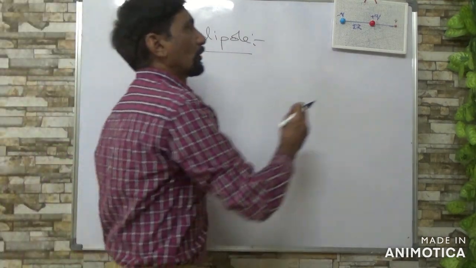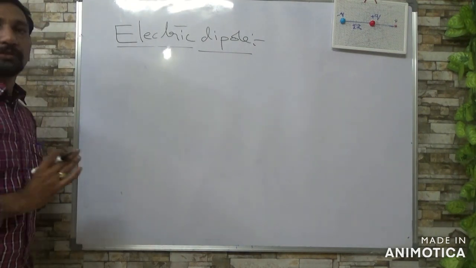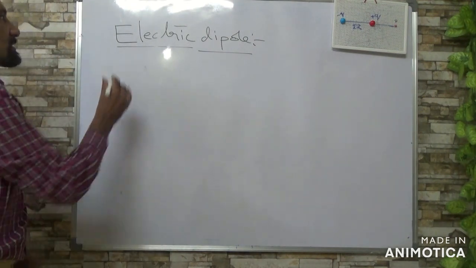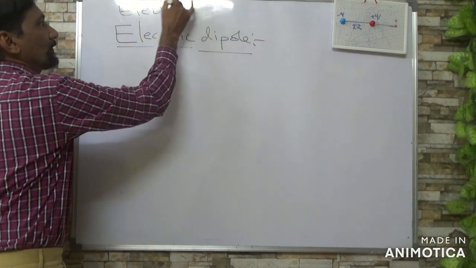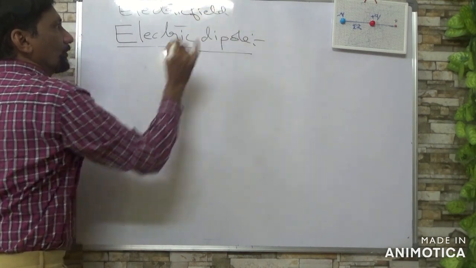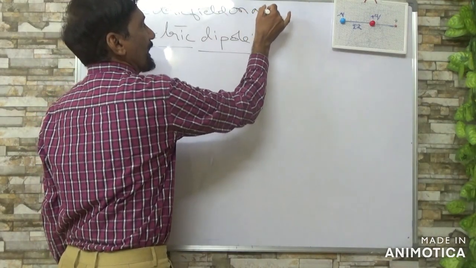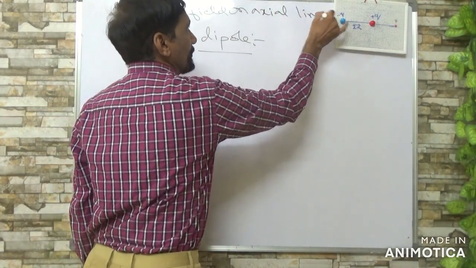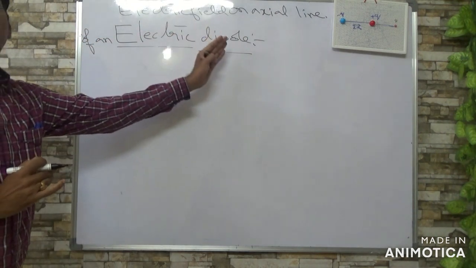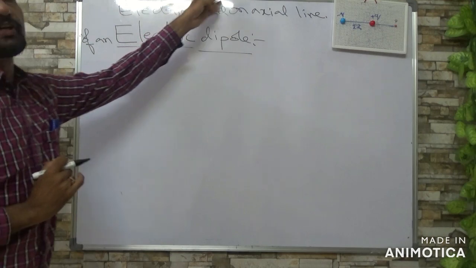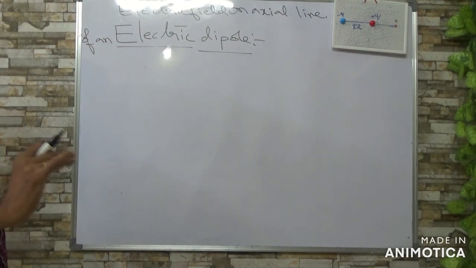Now you want to know the strength of the electric field. So the electric field strength on the axial line of an electric dipole we are going to calculate now.